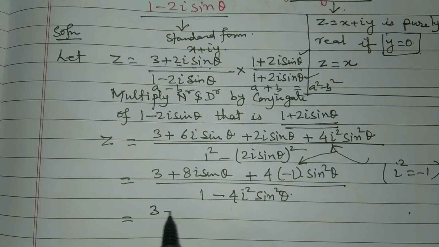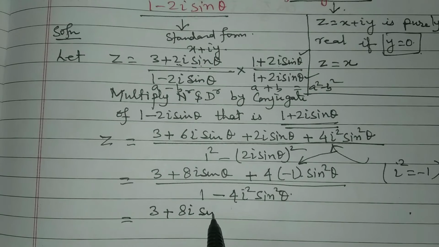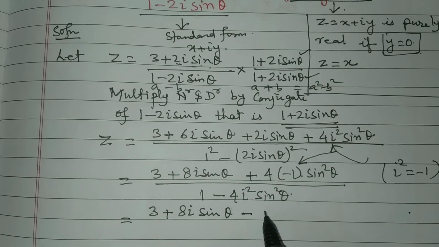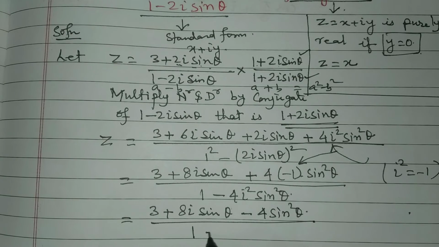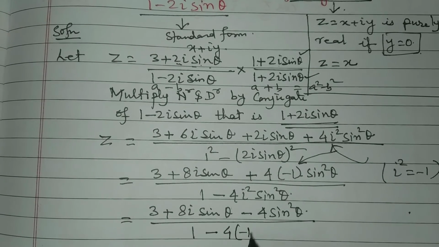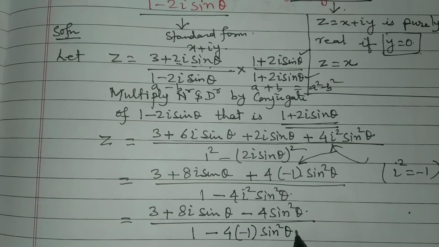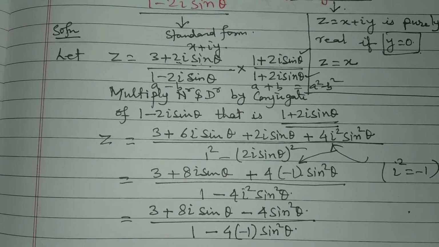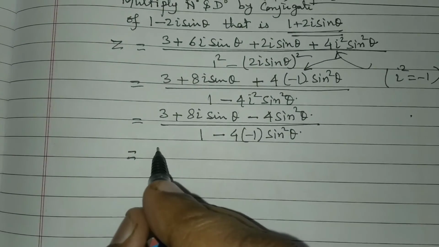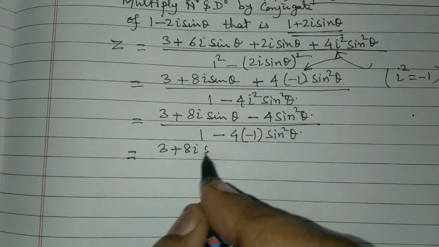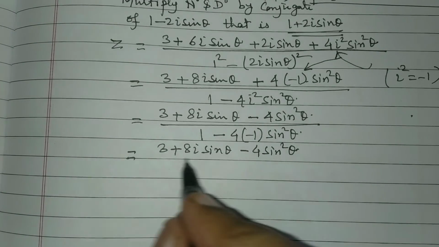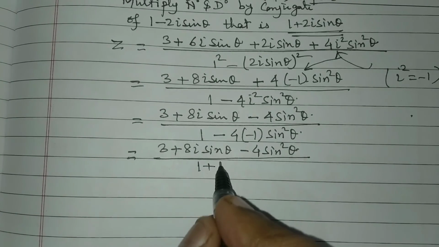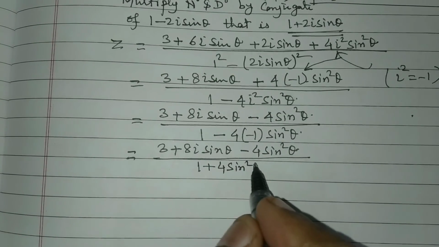So here 3 plus 8i sin theta minus 4 sin square theta divided by 1 minus 4 into minus 1 sin square theta, which is 1 plus 4 sin square theta.